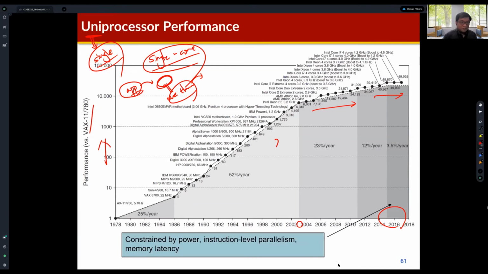What's the matter? What happened? Why? What's the reason? It's power. Yeah, it reaches the limit. Why is it saturated? It's because of power consumption.